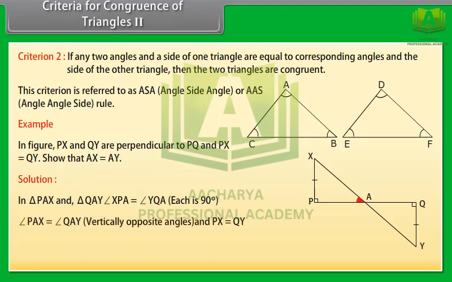Angle PAX is equal to angle QAY because these are vertically opposite angles, and PX is equal to QY. Therefore, by AAS congruence rule, triangle PAX is congruent to triangle QAY. Therefore, AX is equal to AY, CPCT.